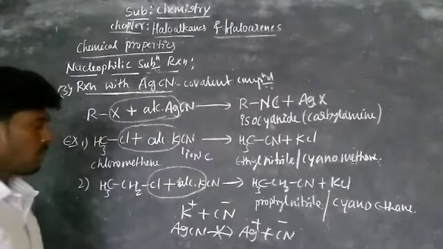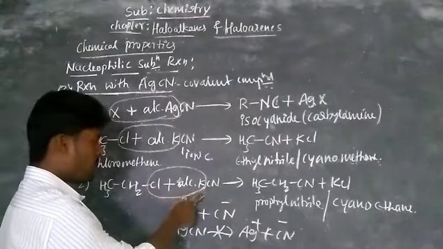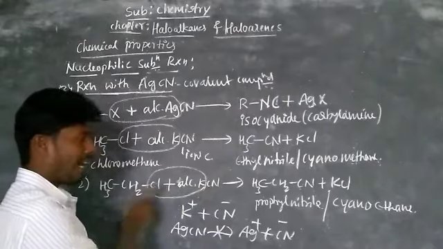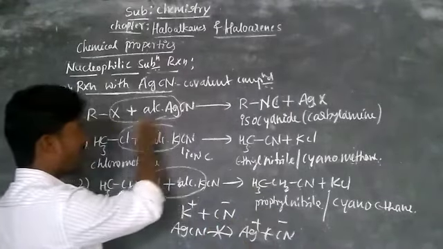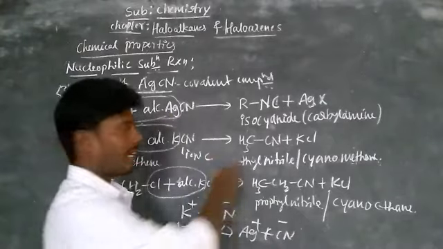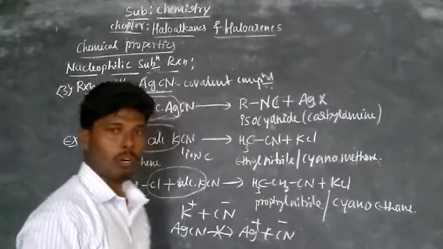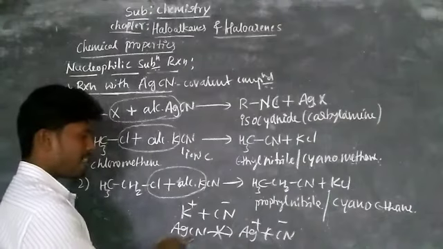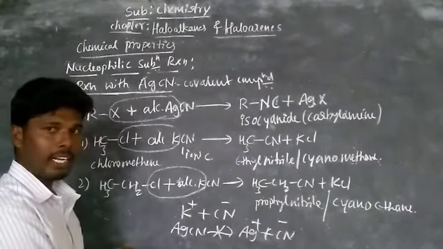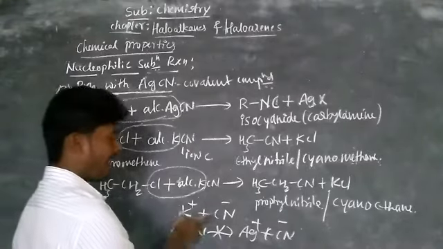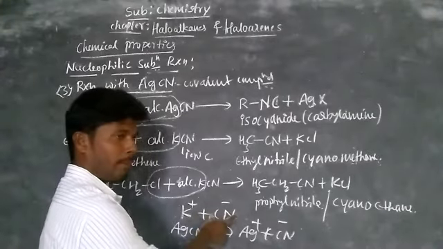Remember, they will ask: with potassium cyanide, alkyl halides give nitrile compounds, but with silver cyanide, alkyl halides give isonitrile. Give the reason. Because silver cyanide is a covalent compound and potassium cyanide is an ionic compound. Hence, after ionizing potassium cyanide, you get the CN minus ion.